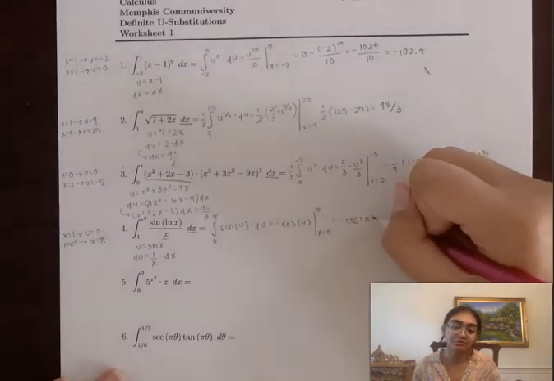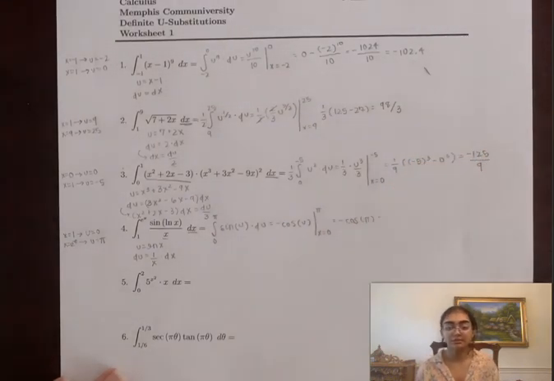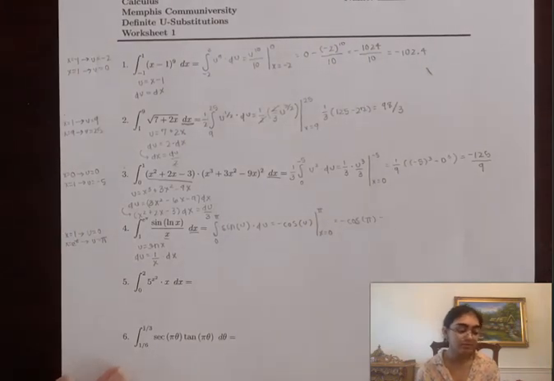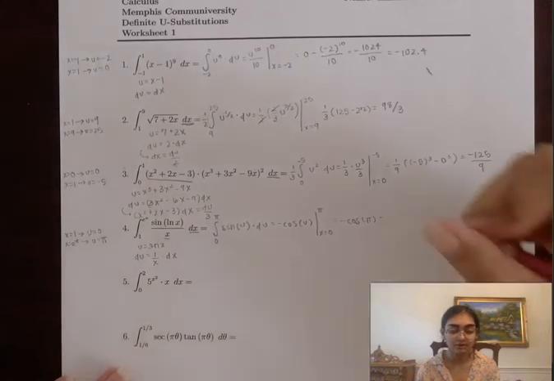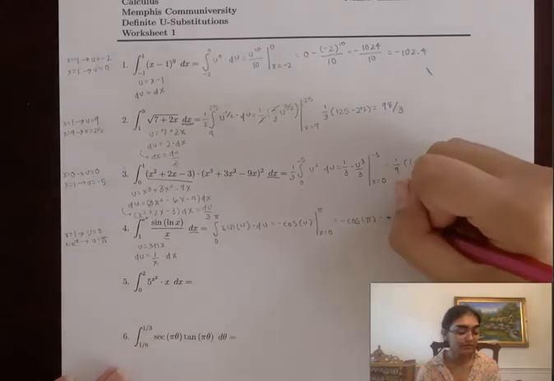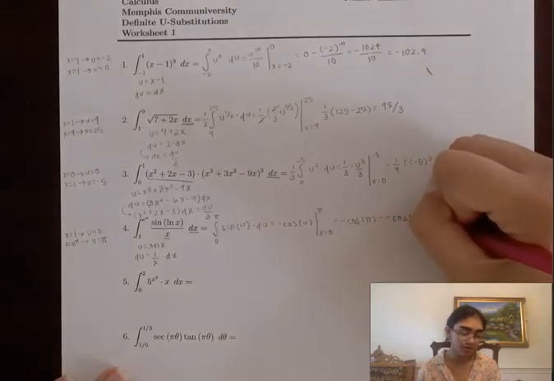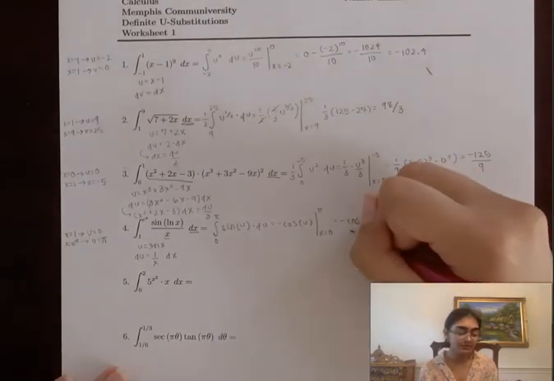So now we're going to plug those into our antiderivative, giving us negative cosine of pi minus negative cosine of 0. Cosine of pi is -1, and cosine of 0 is +1.